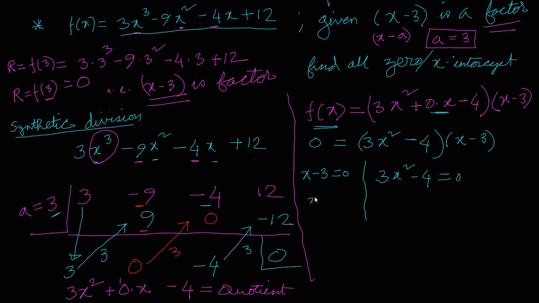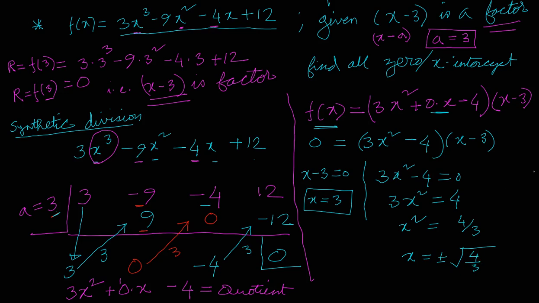Here I got x equal to 3, which I already know. So this is my one x-intercept or zero. Here I can write 3x square equals 4, so x square equals 4 over 3, so x equals plus or minus the square root of 4 over 3.